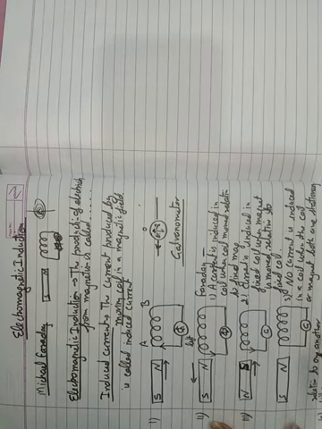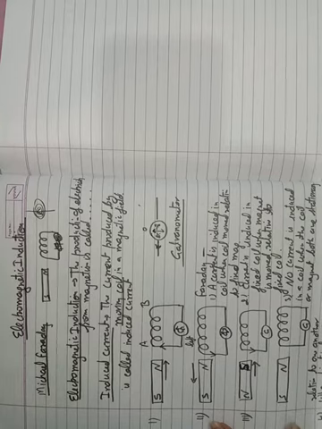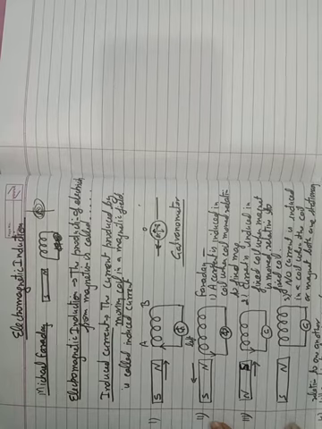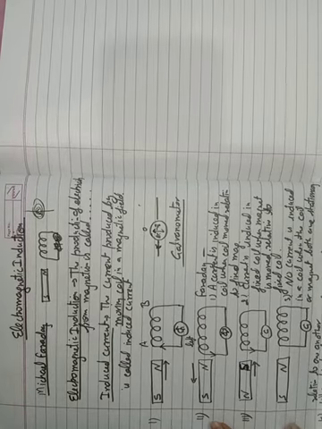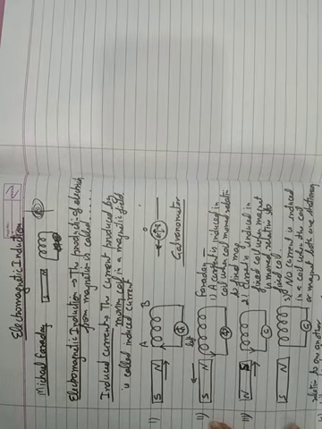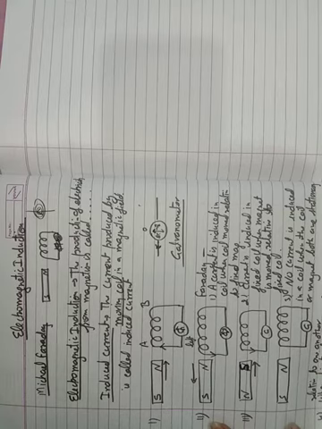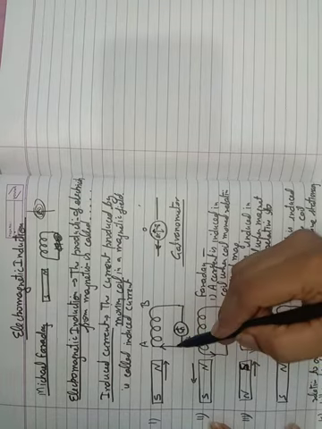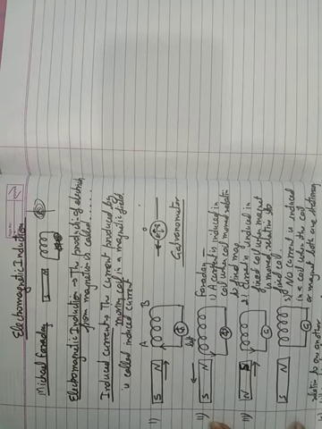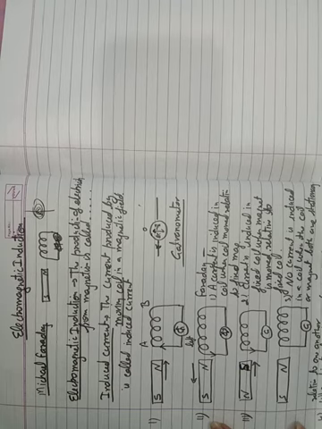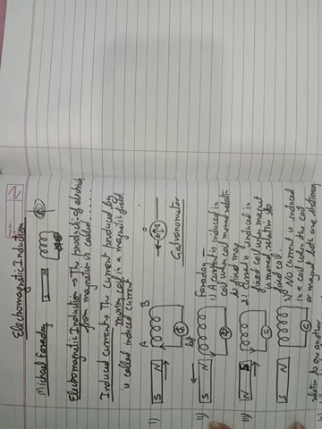So we can say, when the direction of motion of coil is reversed, the direction of current induced in the coil gets reversed. Induced current means the current which is produced by this magnet. Okay. Now the next point.